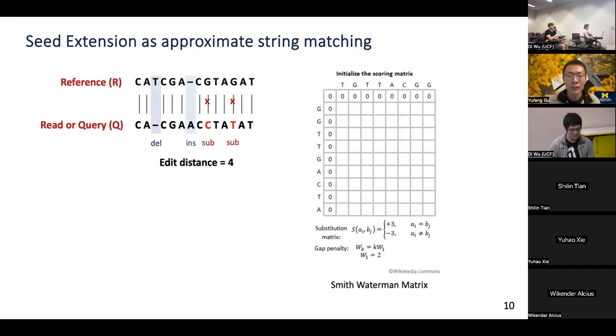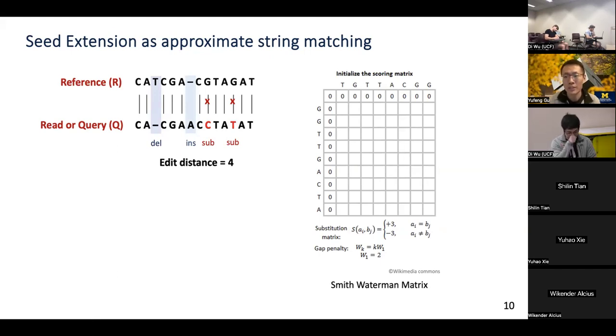The way to calculate this similarity is to put the read and reference on two sides of this scoring matrix. And here we use a dynamic programming algorithm named Smith-Waterman to calculate the score. When we compare one pair of characters, one from the read, one from the reference, if they are the same, we give it a reward of a positive value.